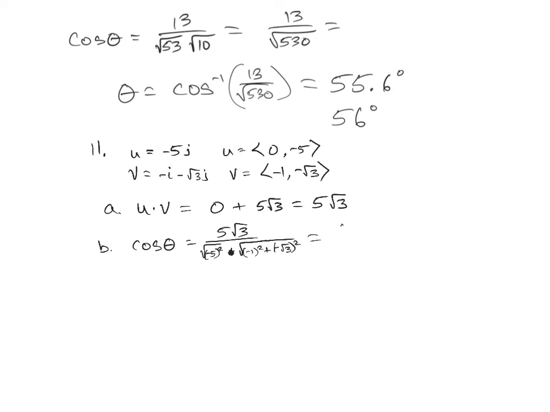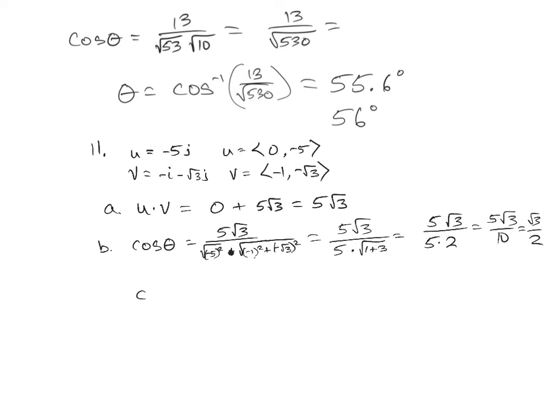Negative 5 squared is 25, and the square root of 25 is 5. Negative 1 squared is 1, negative square root of 3 squared is just 3, and that's the square root of 4, which is 2. So it's going to be 5 times 2, so 5 square root of 3 over 10, which is the square root of 3 over 2.